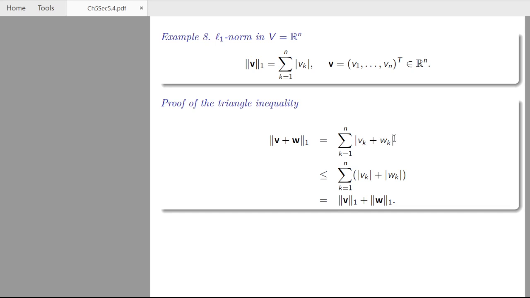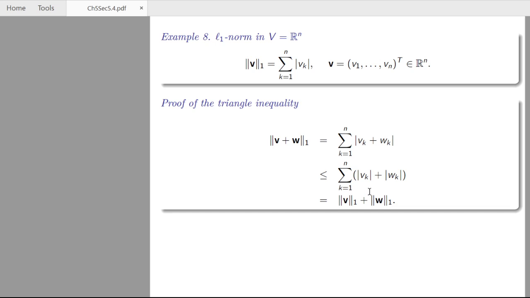The absolute value of a sum is less than or equal to the sum of the absolute values taken separately. By the definition, the first part is the norm of v, and the second one is the norm of w. Put that together, that means the third property, the triangle inequality, is checked.